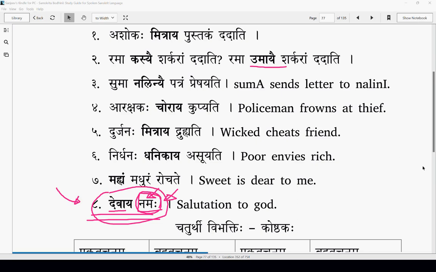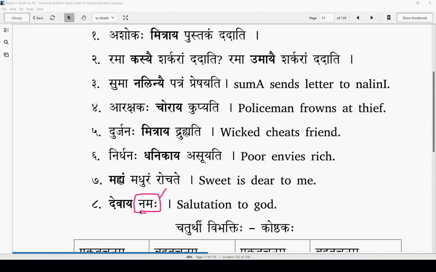So is there no Kartru Padam in this sentence? Kartru Padam is not there. Whoever is saluting becomes the Kartru. Actually, Namaha could be assumed as the Kartru Padam, because if you say Devaya Namaha Astu, let it be, what let it be?